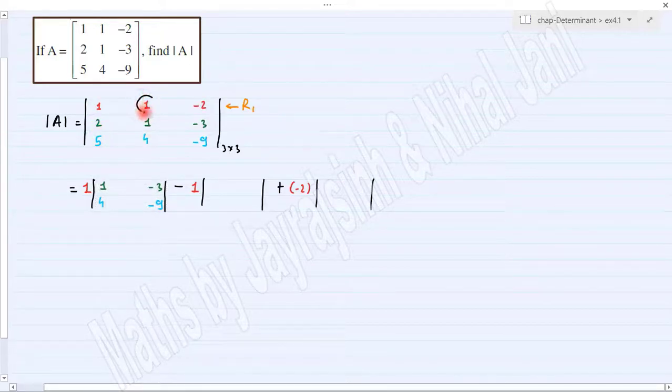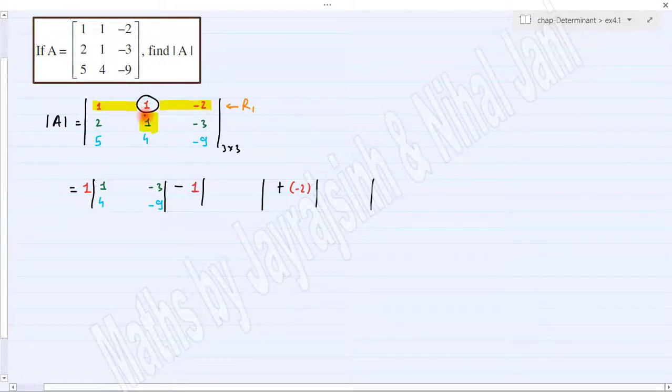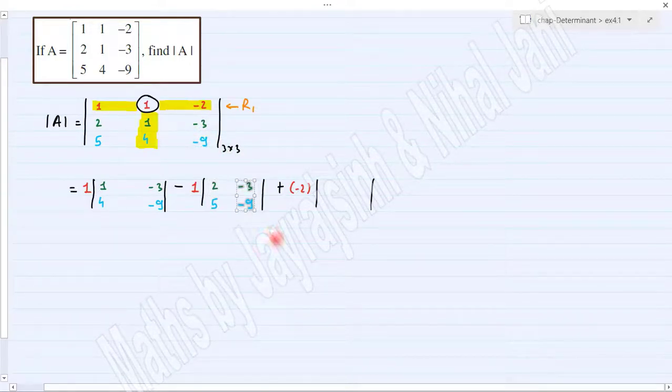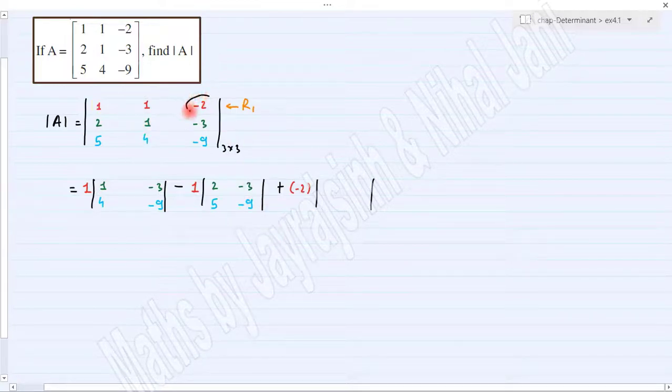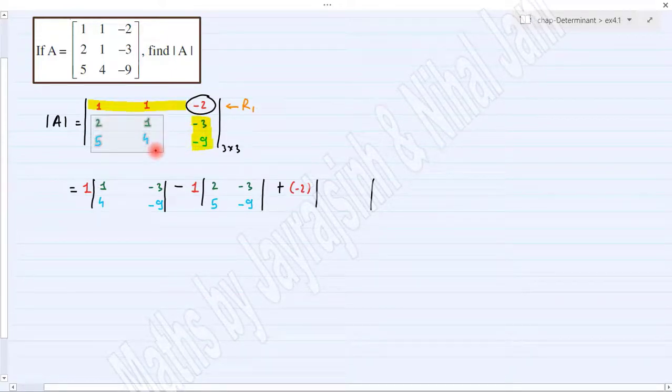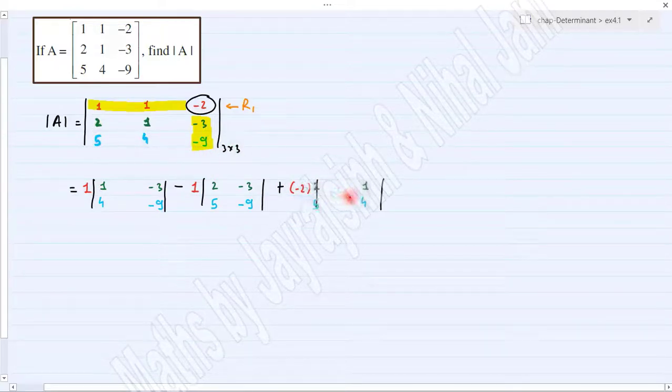Now to obtain the minor of the second element, we have to ignore the first row and second column. So we have to select this 2, 5 as your first column and minus 3 minus 9 as your second column. And for the last element, we have to ignore the first row and last column. So we have our required determinant.